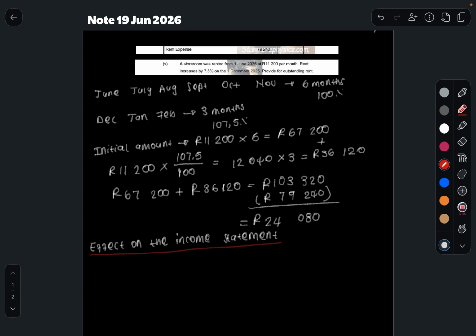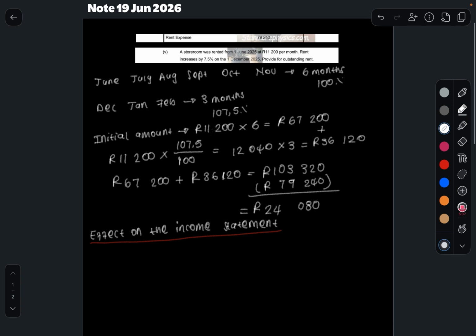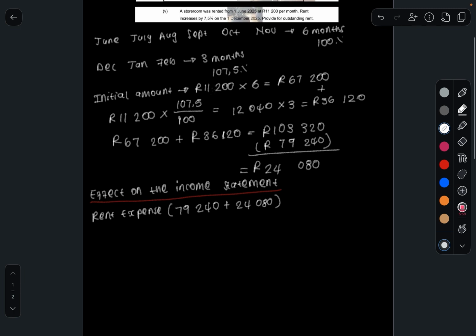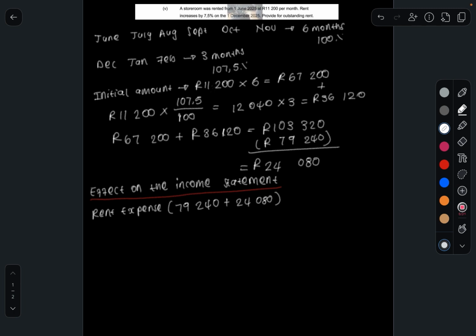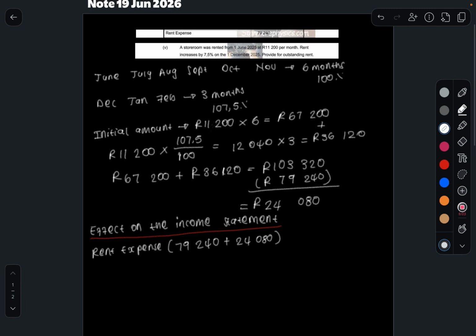Under operating expenses, you're going to write rent expense, and you're going to write the initial amount that we paid, 79,240, plus the outstanding amount, 24,080, because it happened during the financial year. So we have to include it.